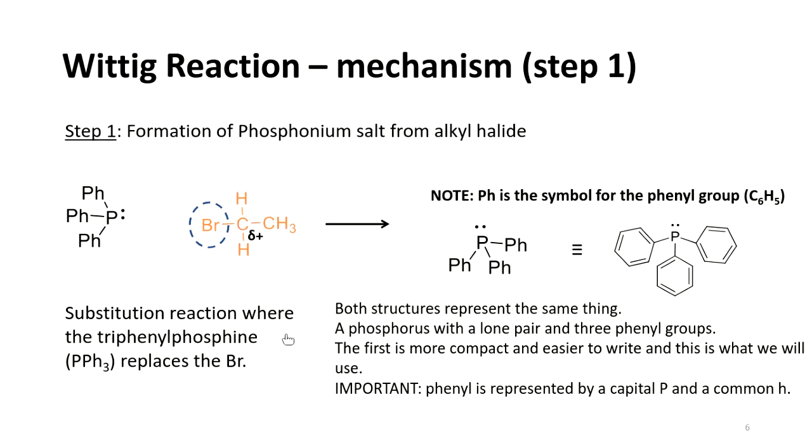As I mentioned before, the Ph groups here represent 3 benzene rings, and please note that we abbreviate the phenyl with a capital P and a lowercase h.